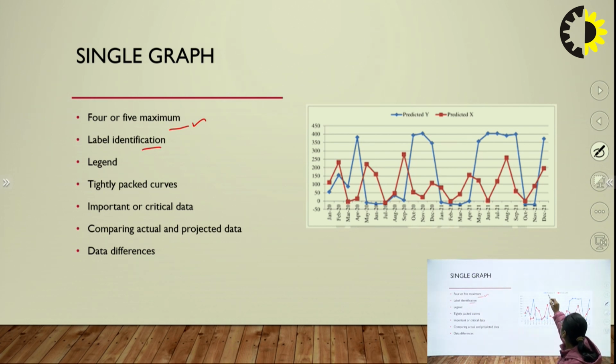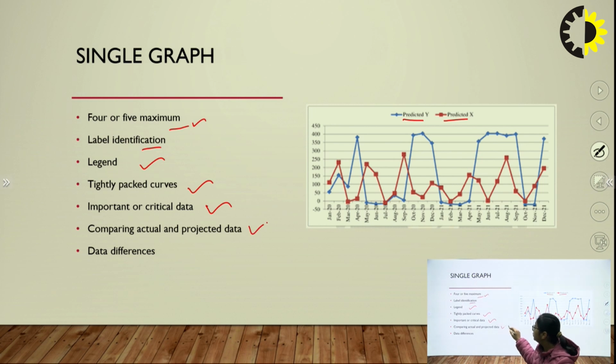Suppose this is predicted x and this is y. Then legends. And tightly packed curves, important or critical data, and comparing actual and projected data, and we have to find the data difference. If you compare the actual and the projected data and find the difference between the two curves, you will go for the single graph.